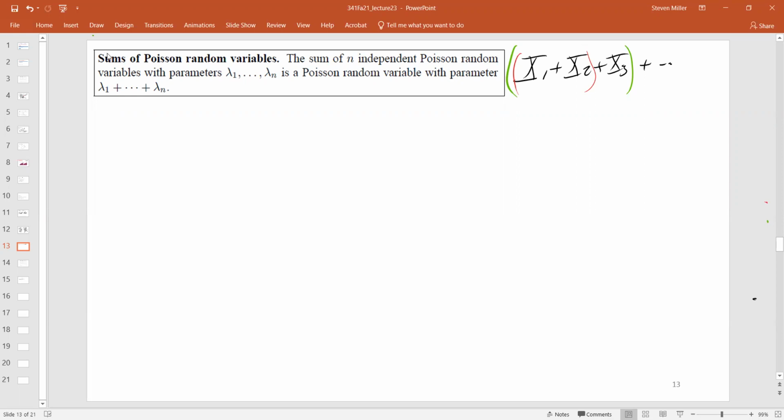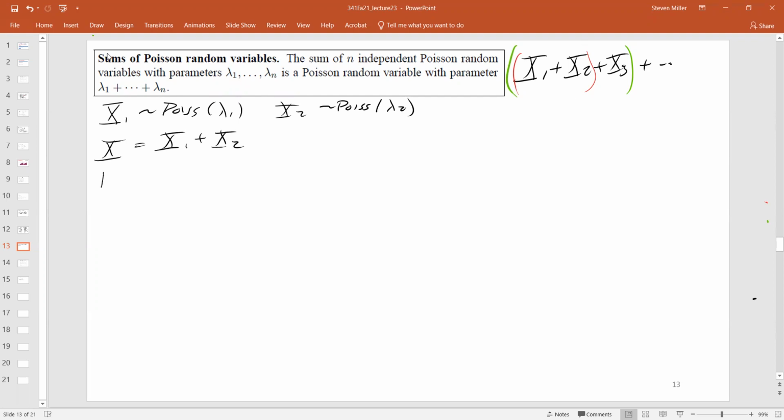All right. So let's say we have x1 is Poisson with parameter lambda 1, x2 is Poisson with parameter lambda 2. Let's let x be x1 plus x2.